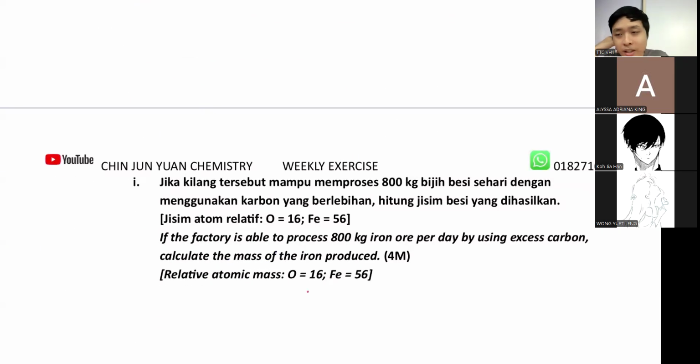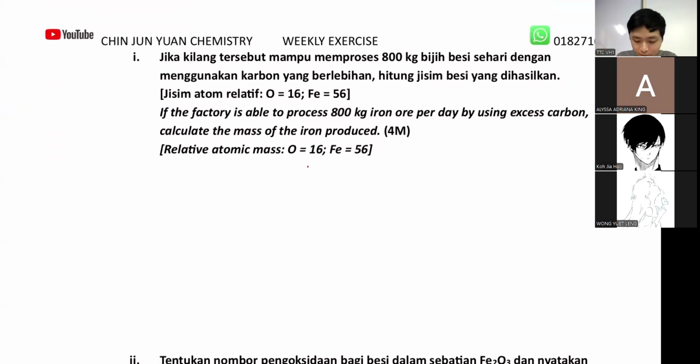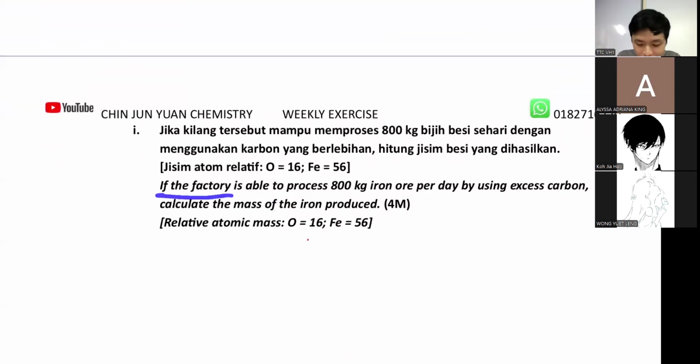But here they didn't tell you anything. They didn't ask you for specifics. They just asked you to find number of mole. So if the factory is able to process 800 kg iron ore by using excess carbon, calculate the mass of the iron formed. Okay, so this is a simple question. 800 kg of iron ore.